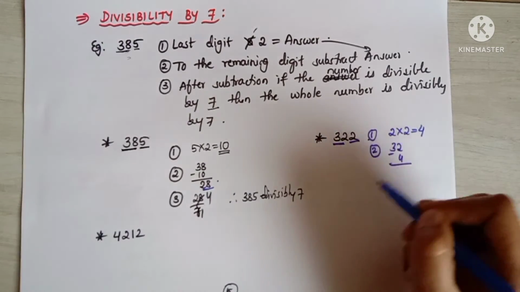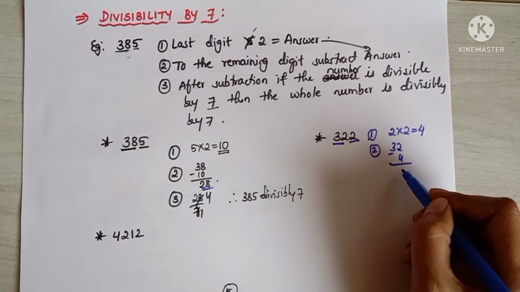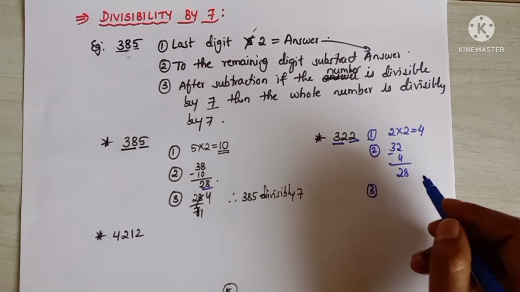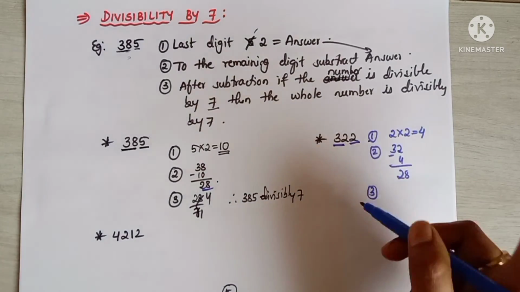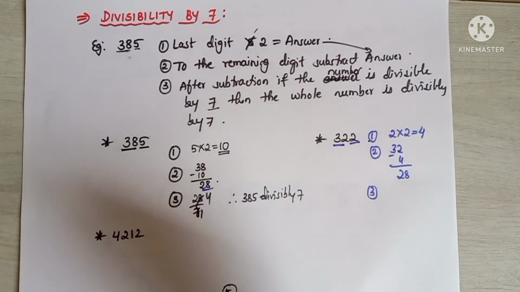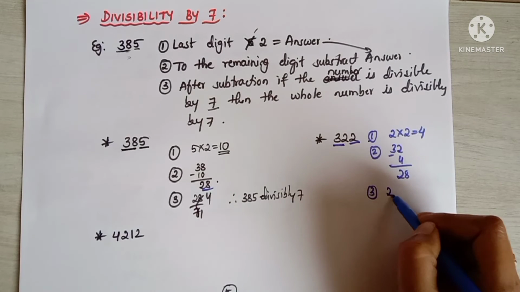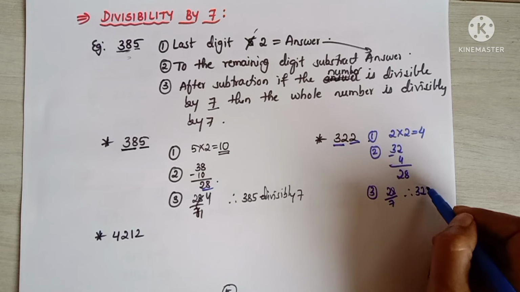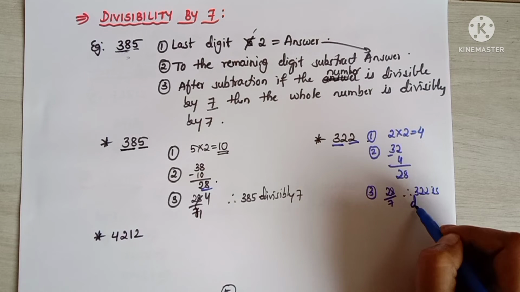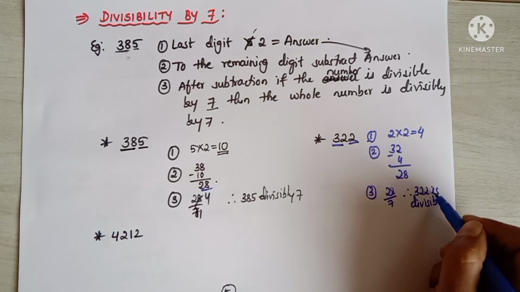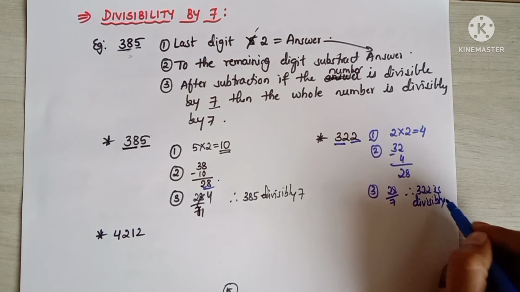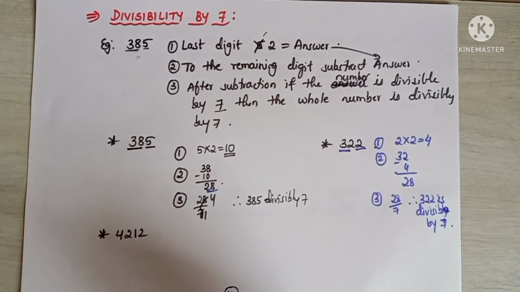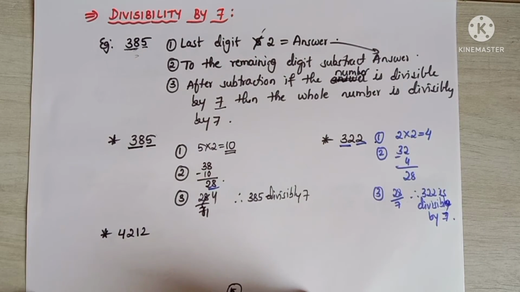After subtraction, we will get 28. We have to check whether this number is divisible by 7 or not. Here 28 is divisible by 7. Therefore, we can say that 322 is divisible by 7.